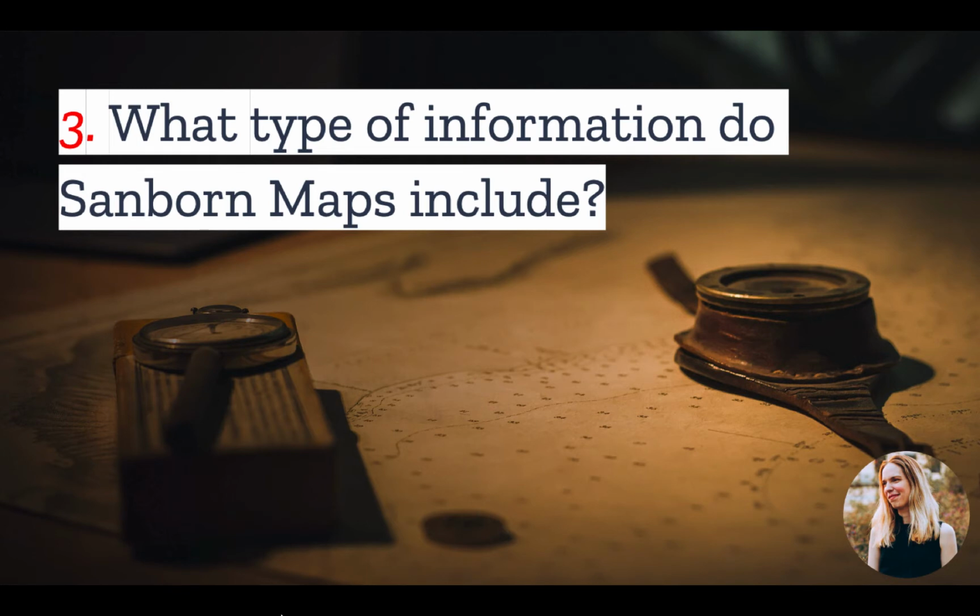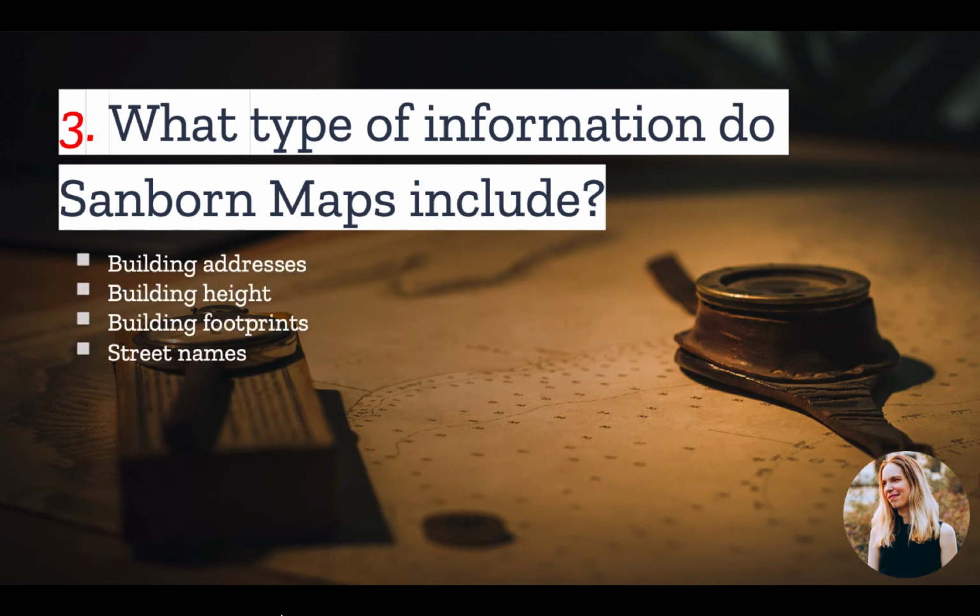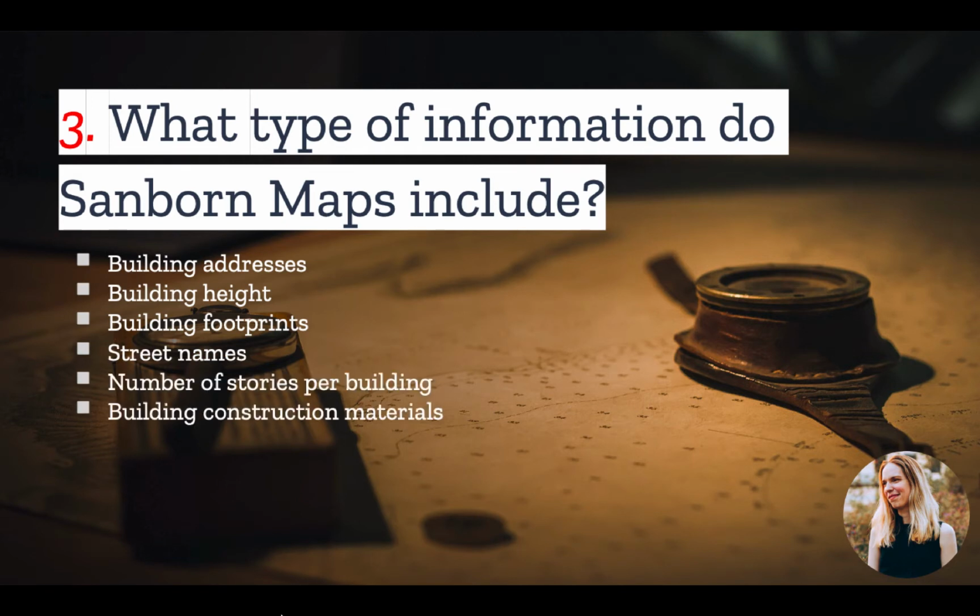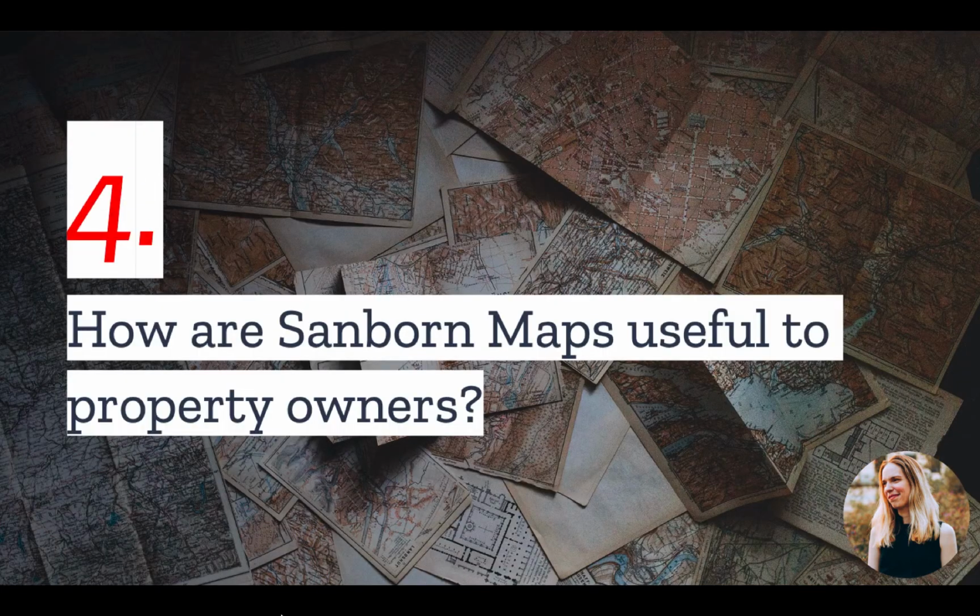Number 3. What type of information do Sanborn maps include? These maps often have the following details: building addresses, building height, building footprints, street names, number of stories per building, building construction materials, building use, and right-of-ways. Number 4. How are Sanborn maps useful to property owners?